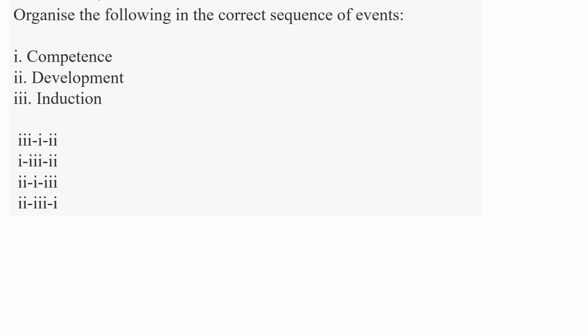Competence means the ability of a cell or a tissue to respond to a signal, to any kind of signal. And induction means a signal from one group of cells changes the fate of another group of cells. That means, first, the cell should have competence, the ability to sense a signal and respond to it. First thing first.